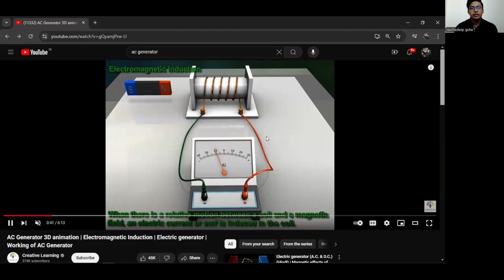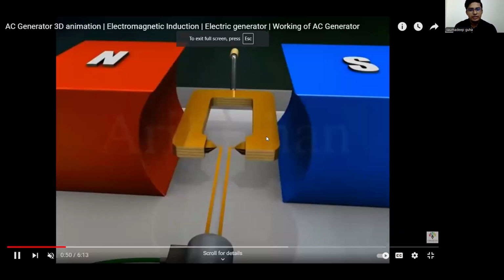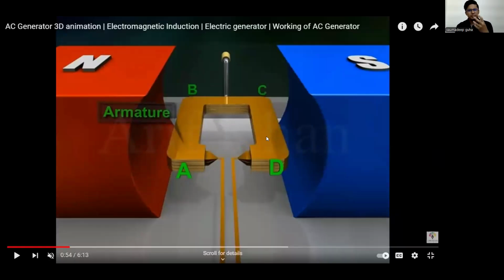Now let us see the parts of the AC generator. If you see, that is the armature coil. The armature coil is basically the main part. We can say the coil, the conductor that we are providing, through which the current will run in the circuit.